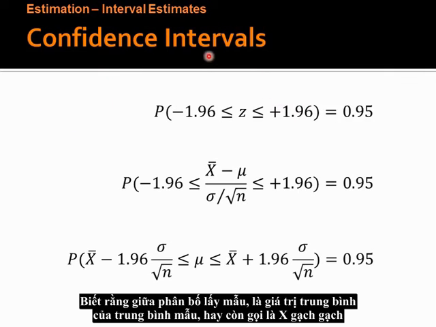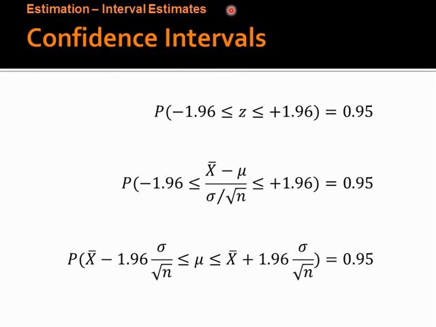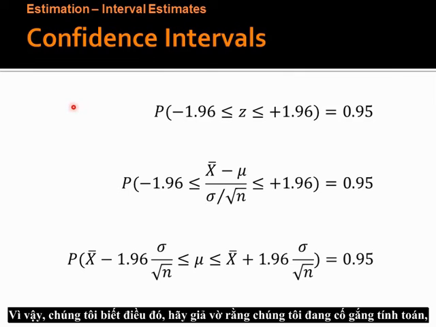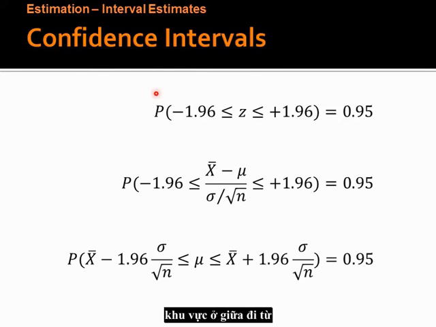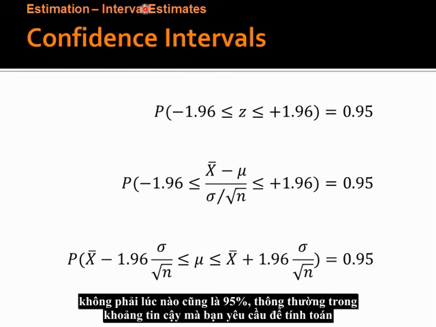And we know that the middle of the sampling distribution, or the mean of the sampling distribution, is x bar bar, or the mean of all the sample means, and x bar bar is also the population mean, mu. Okay, so we know that for now. Now let's pretend that we are trying to calculate what is the area in between plus minus mu that will give me 95% of all sample means.